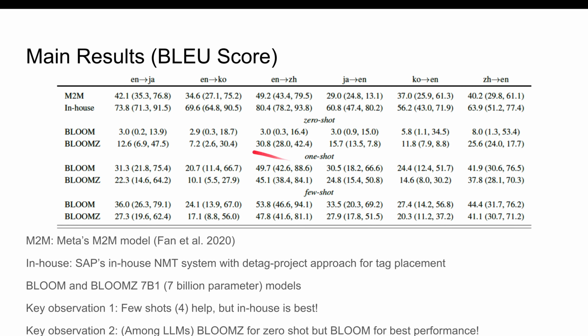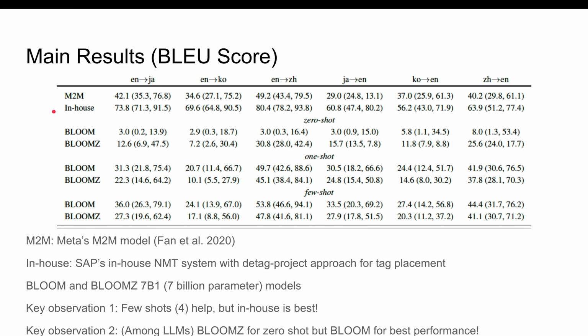Now let's look at the one-shot scores. The BLOOM model outperforms the BLOOMZ model because the BLOOMZ model isn't designed to handle multiple shots. And when we increase the number of shots to 4 shot, which is the few shot setting, we see that the BLOOM model tends to be the best among the LLMs. However, none of these models manage to compare against the M2M and the in-house models, especially as the in-house model is too strong.